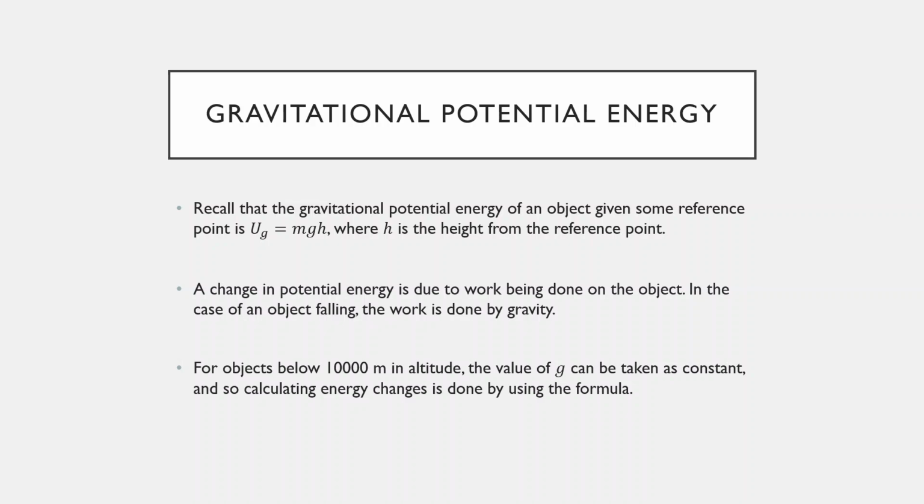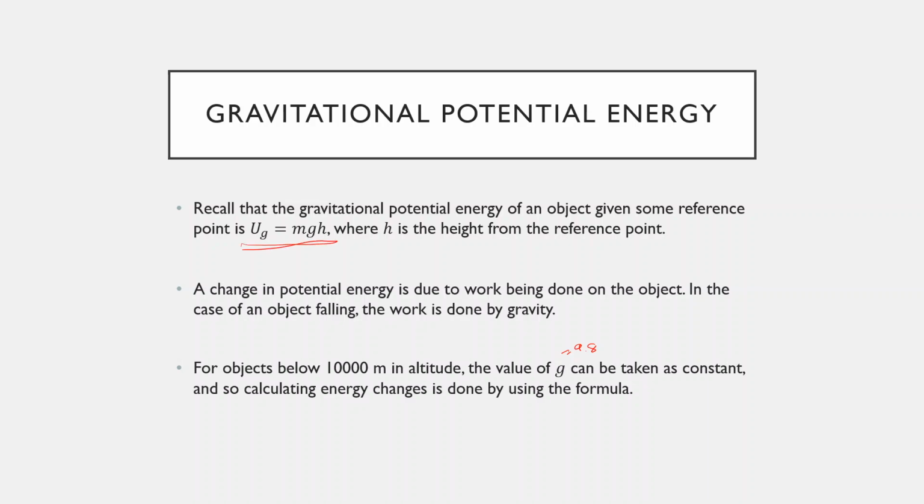Consider an object 10 kilometers up in the sky and it falls down towards the ground. We can consider that 10 kilometer region to be a uniform gravitational field, where the value of little g can be taken as a constant, around equal to 9.8. We can use this formula because g is constant.